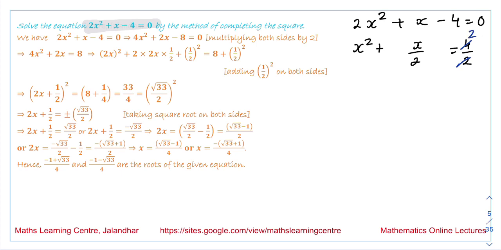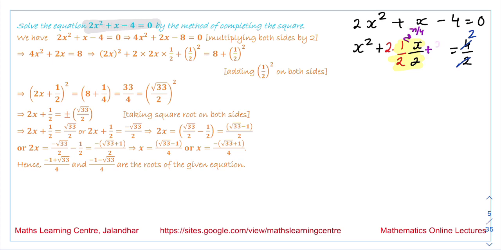This term will become 2. Now the next step we have to do, we are multiplying and dividing this term by 2. We are saying this whole term over here, now we have it as x/4.